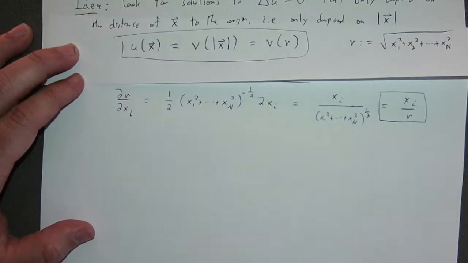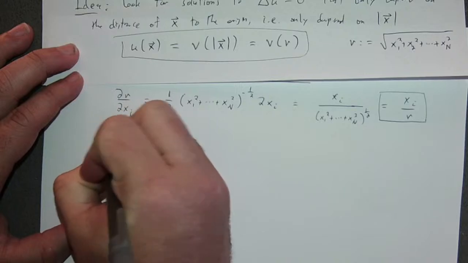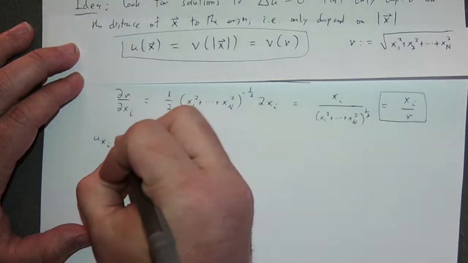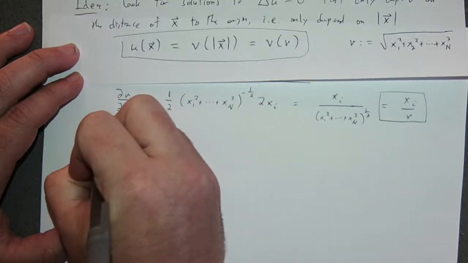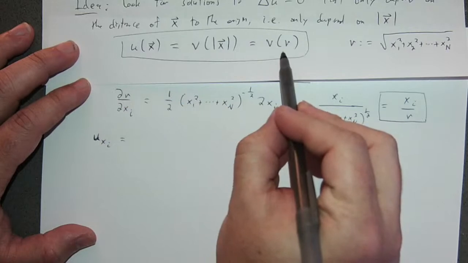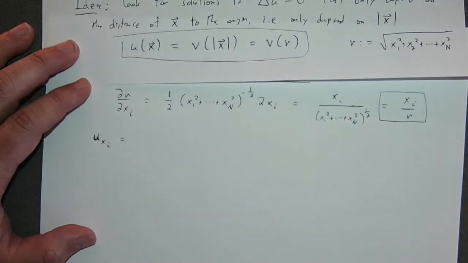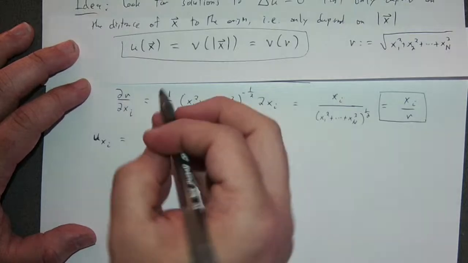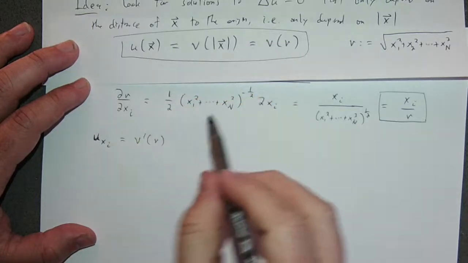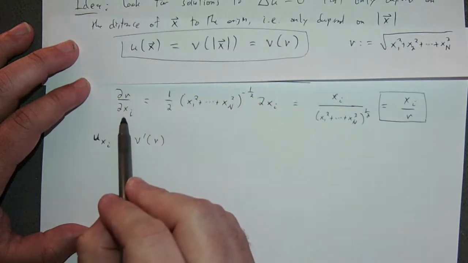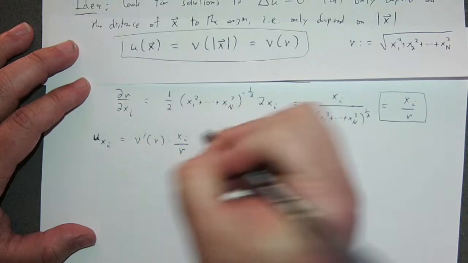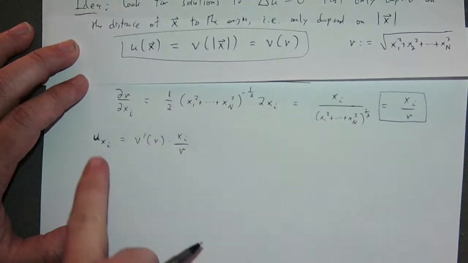Then, using the chain rule, the partial of u with respect to x sub i: u is defined to be v of r, so taking this x sub i partial, this is v prime of r times the partial derivative of r with respect to x sub i, which is x sub i over r. Okay, so I can compute that partial.